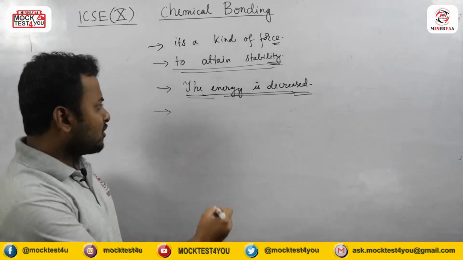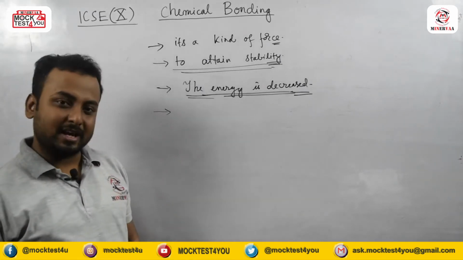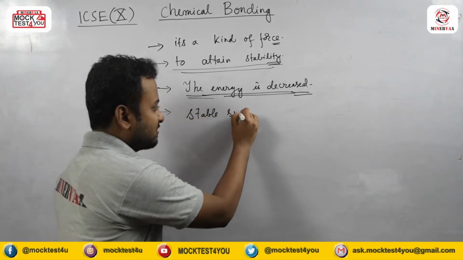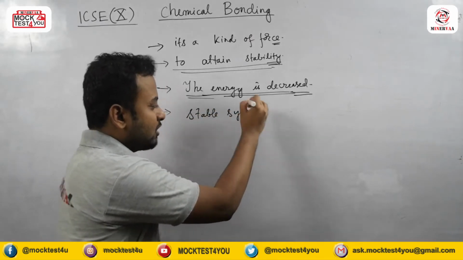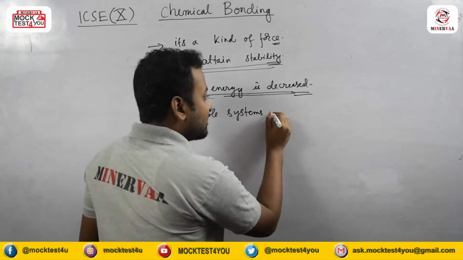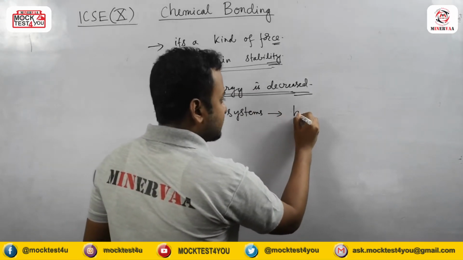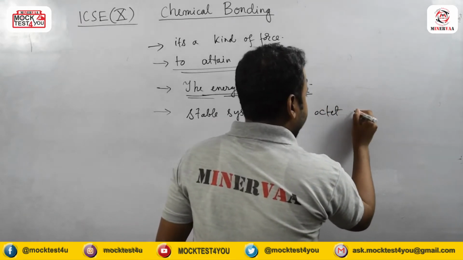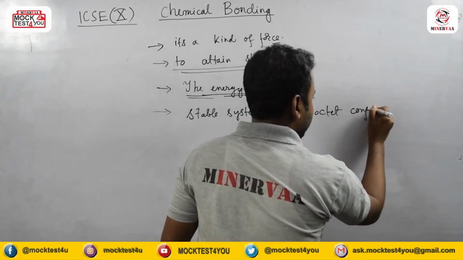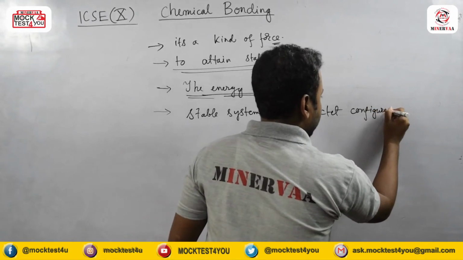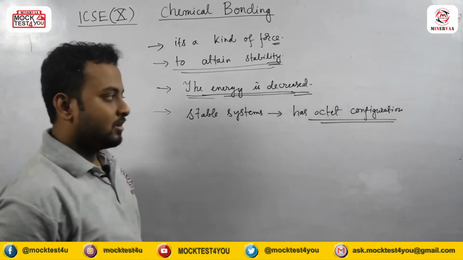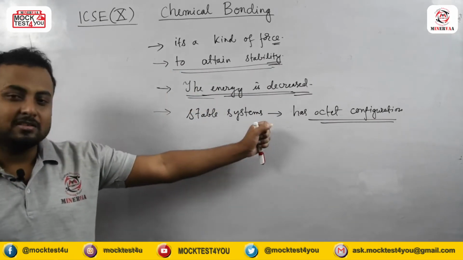We know that stable systems, in chemistry, are those systems which have octet configuration. So what are the atoms which have octet configuration?